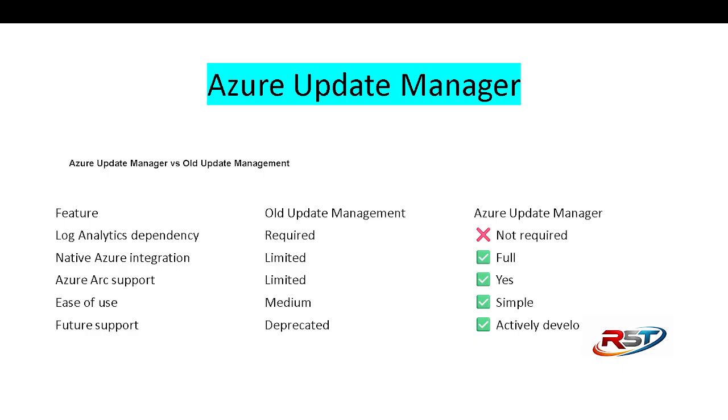Native Azure integration: Azure workloads in old Update Management is limited, in Azure Update Manager it is full. It supports fully. Azure Arc support in old Update Management is limited, and the new Azure Update Manager will support it.